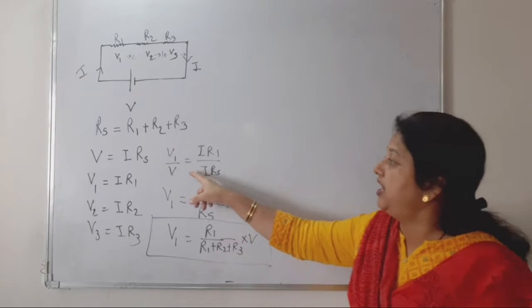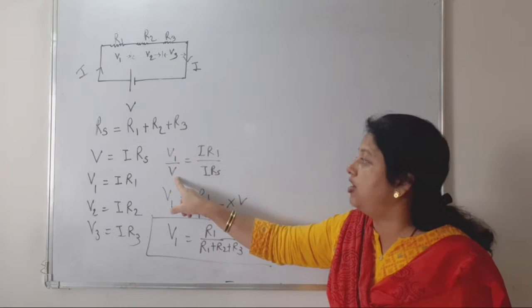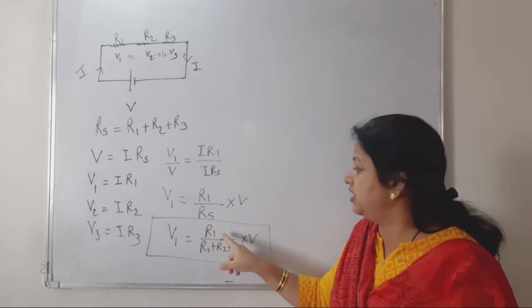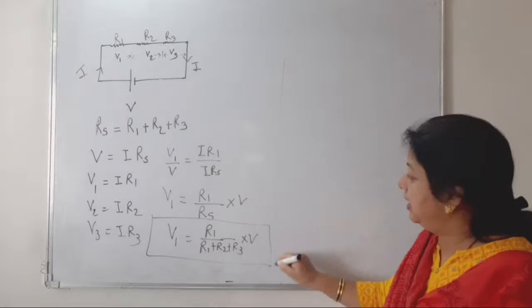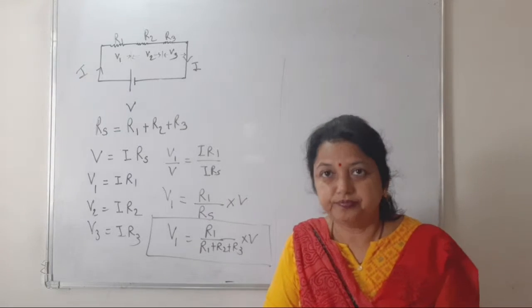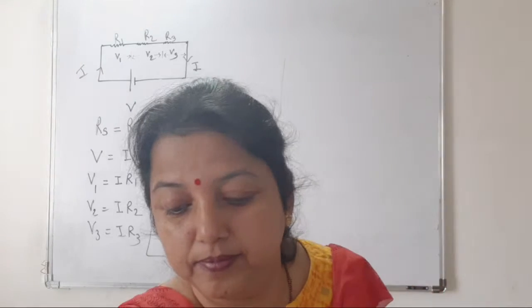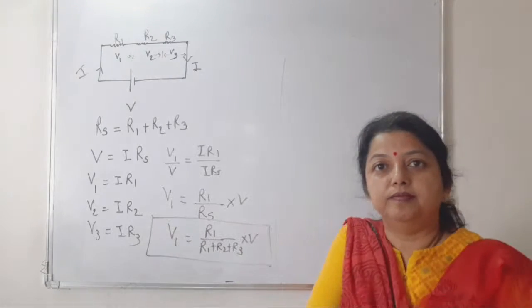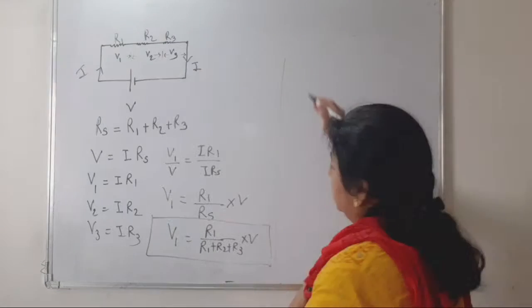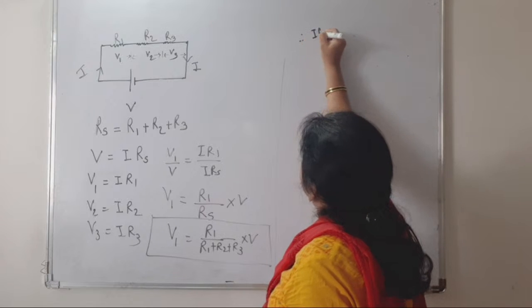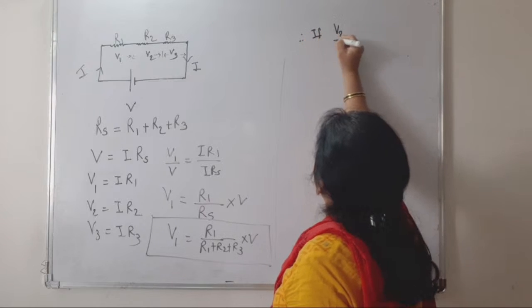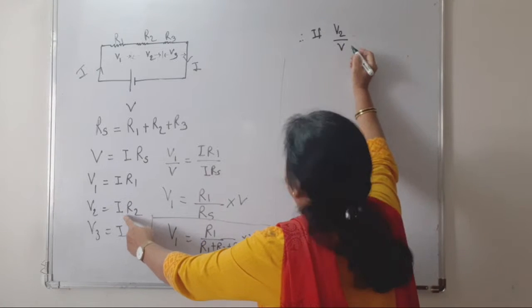Similarly, if we take the division of V2 upon V, then we get V2 is equal to R2 upon... write down all these steps. Therefore, V2 upon V, then what is V2? IR2.